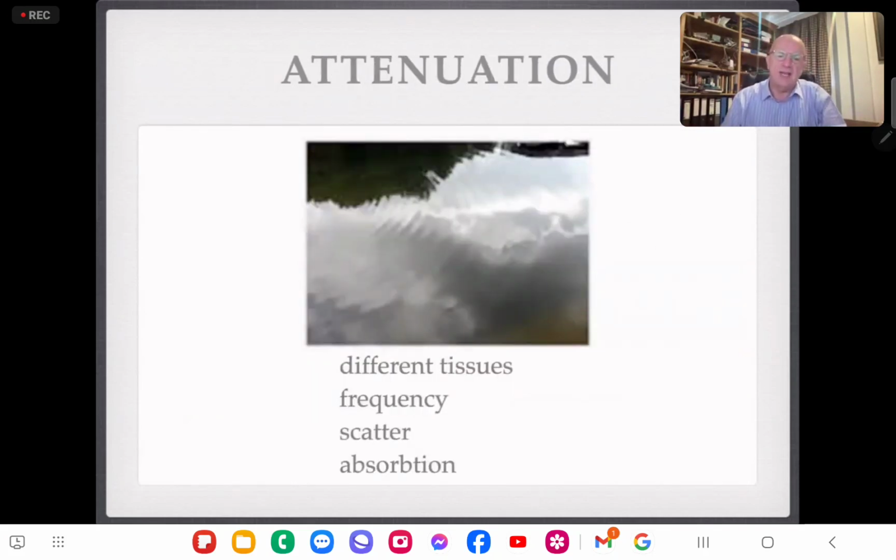Attenuation. So this is again quite an important concept. It's quite a hard concept. So, what does a wave do? It carries energy. Imagine that you're on the beach and somebody's in trouble at the other end of the beach.